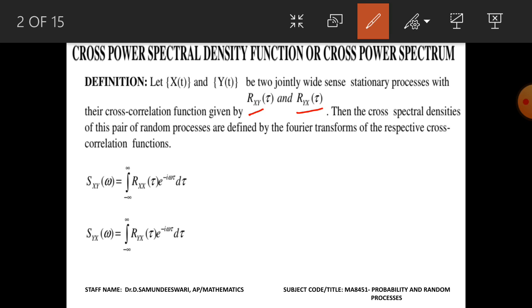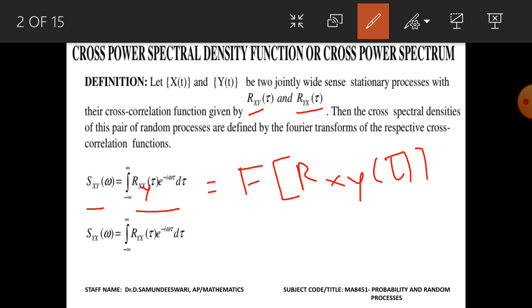So if you take the Fourier transform of this cross correlation function, you will get the cross power spectral density function, that is Sxy(omega) equal to the integral from minus infinity to plus infinity of Rxy(tau) e^(-i omega tau) d tau. This is nothing but the Fourier transform of Rxy(tau). So you will get your cross power spectral density, that is Sxy(omega).